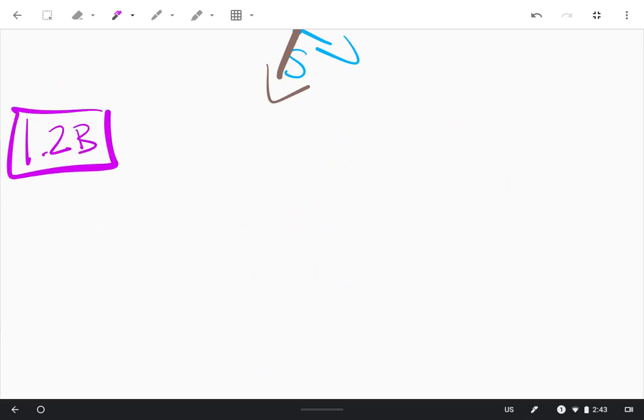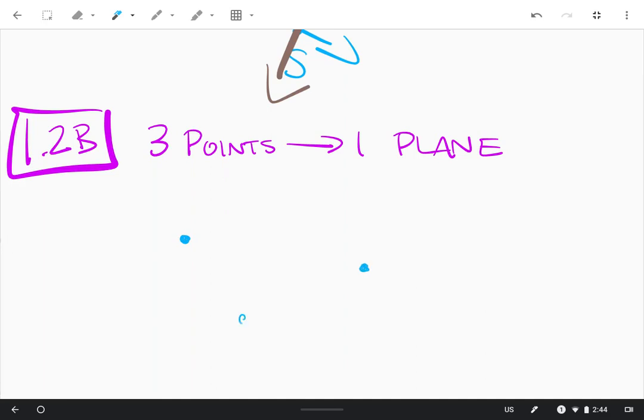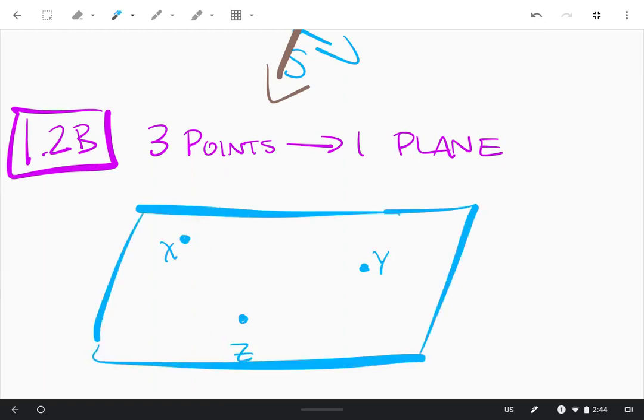1.2b. In 1.2b, it says that through 3 points, there is 1 plane. That should be pretty clear. If I have 3 points, let's call these X, Y, and Z, there is only 1 plane that contains those points.